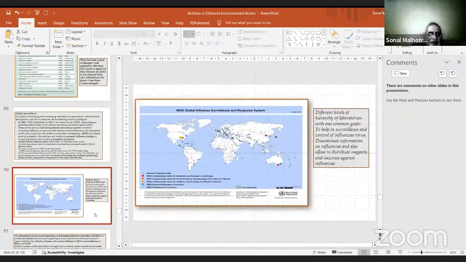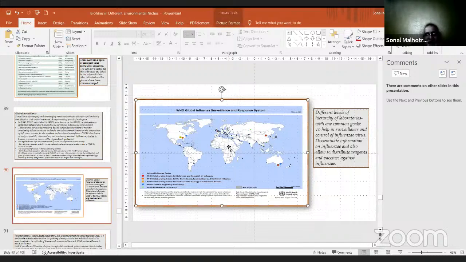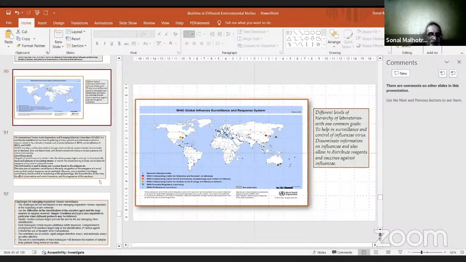So we need to study that. This map depicts the different laboratories that exist. Some are smaller, some are bigger, and they're all in a response network. Whenever there is an epidemic or small outbreak of influenza in one area, it can be relayed to all the other environments so that people know what kind of disease is there.